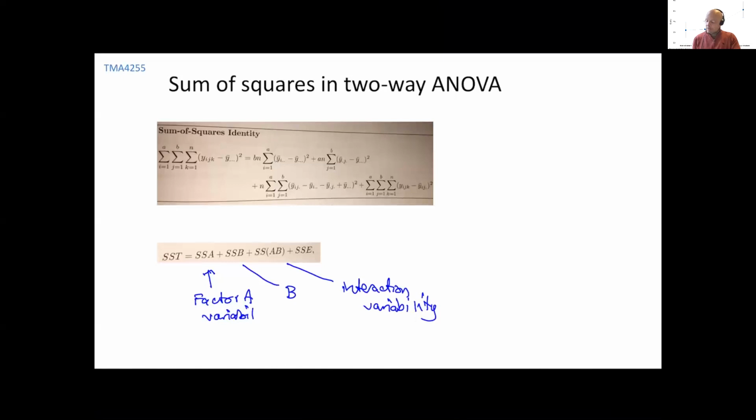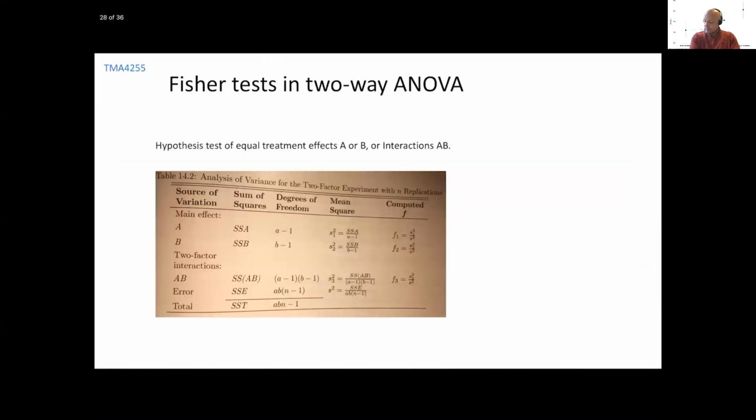And if this is not significant, we can remove the interaction and get a better handle on the main effects. So here's again a test setup where we compute this sum of squares and compare it with the residual error sum of squares. And we can get then different Fisher distributions with its right degrees of freedom. That's how we compare things.